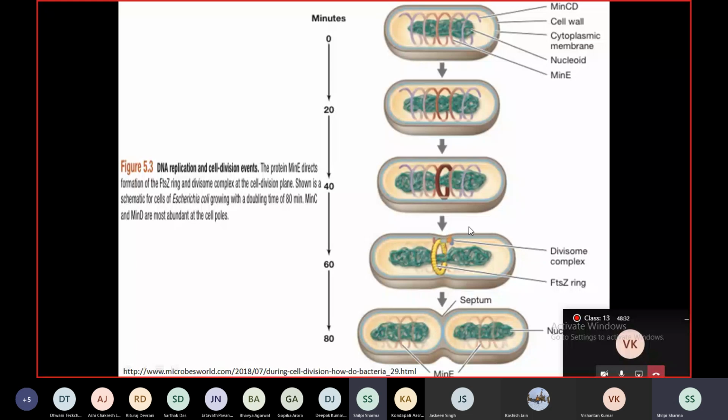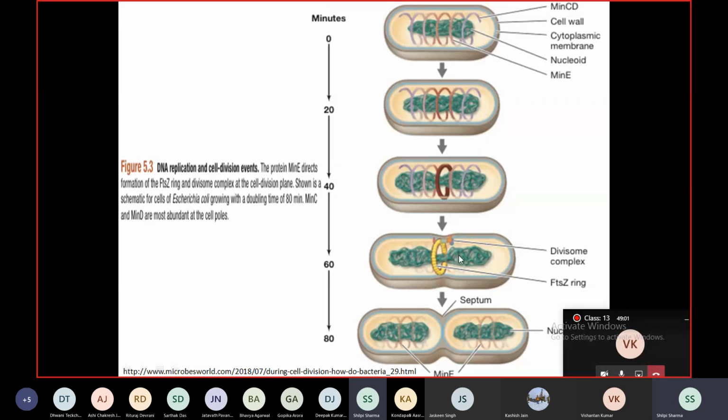MinC is actually an inhibitor of FtsZ ring formation, and MinC oscillates between the poles repeatedly, thereby keeping the MinC gradient at the center at its lower average concentration. The higher concentrations are found at both the ends. Like I said, it keeps oscillating.